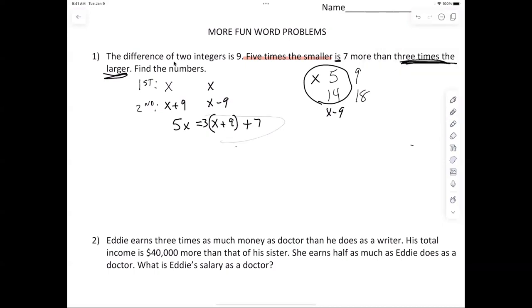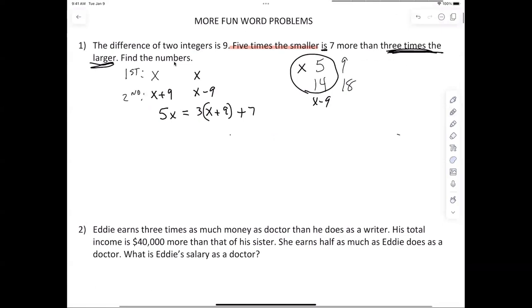Now I'm going to stop for just a quick moment and talk about it to make sure. X plus 9, that's the relationship from the first statement. The second statement relates the first and second numbers together that we created. 5 times the smaller, 5x, equals 7 more than, plus 7, 3 times the larger, 3 times x plus 9.